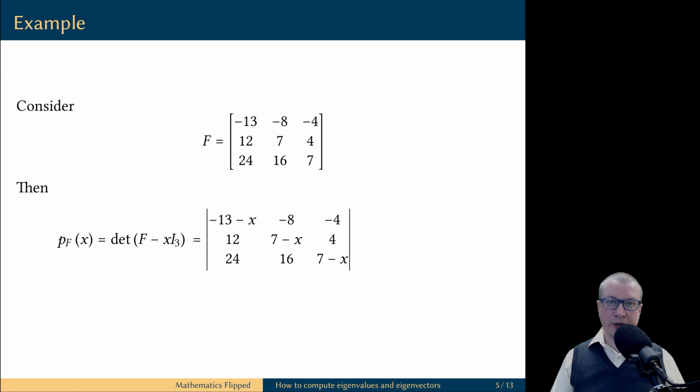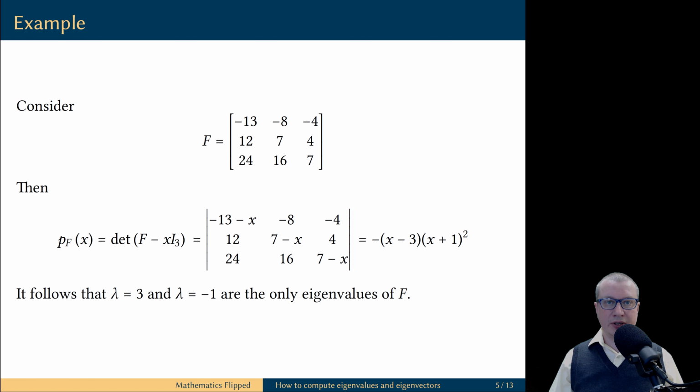Then we use a variety of techniques we learned in the previous videos to compute this determinant, and it will turn out to be a polynomial of degree 3 in terms of x. We also factor this polynomial so that we can easily see the roots of this polynomial. It follows that matrix F has two eigenvalues, 3 and -1.